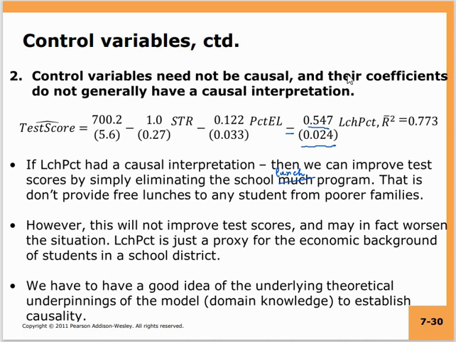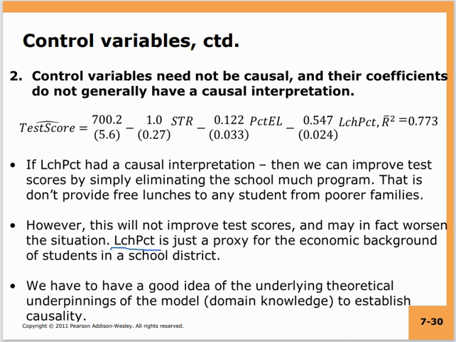So it is as if providing free lunches is reducing your test scores, but that is not what it is. It is not that providing free lunches per se is reducing your test scores. It is that if you remove that free lunch program, it will not improve your test scores, and in fact may worsen the situation.